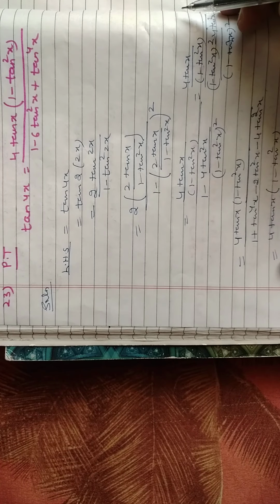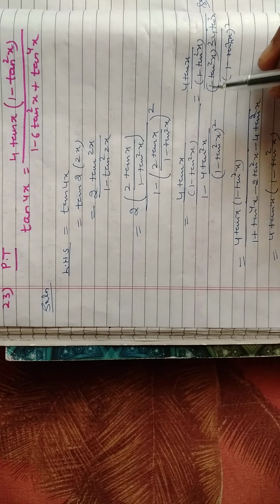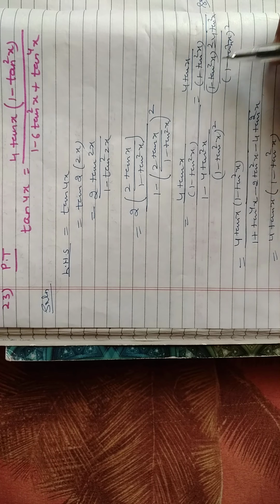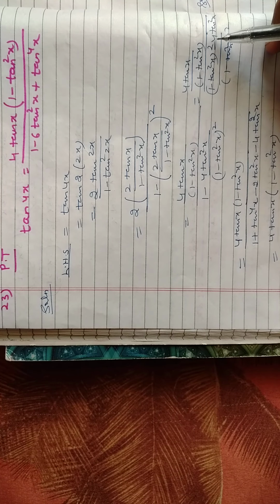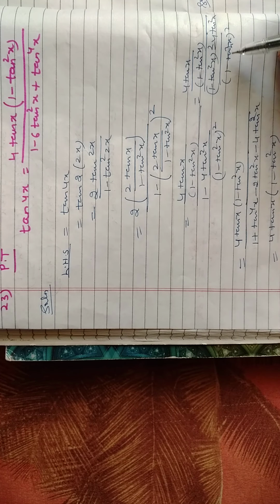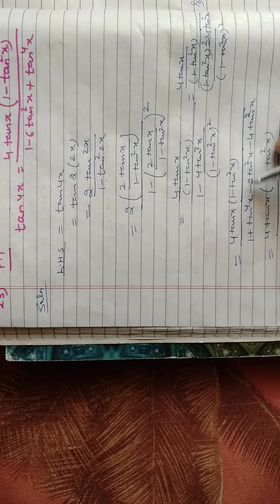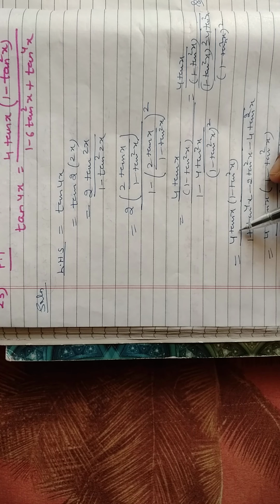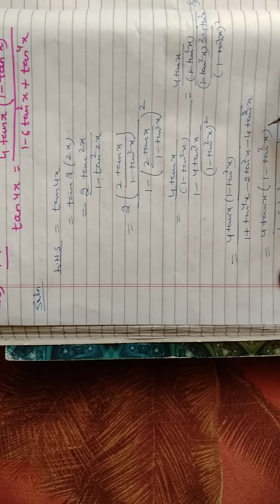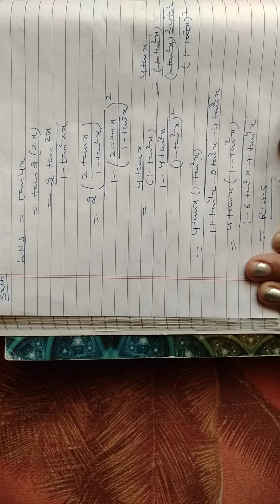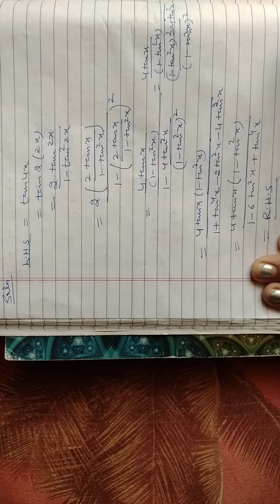After solving this, in the denominator you will get (1 − tan² x) whole squared minus 4 tan² x over (1 − tan² x) whole squared. Now when you shift this term to the numerator, we will be left with 4 tan x (1 − tan² x) over 1 + tan⁴ x − 6 tan² x, and that is equal to the right hand side.